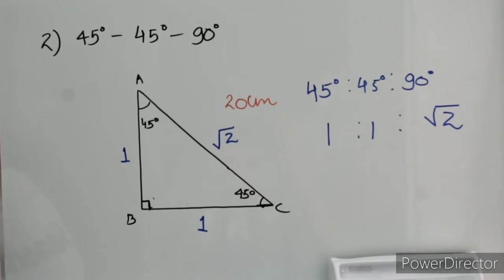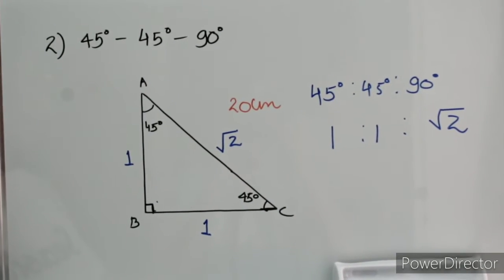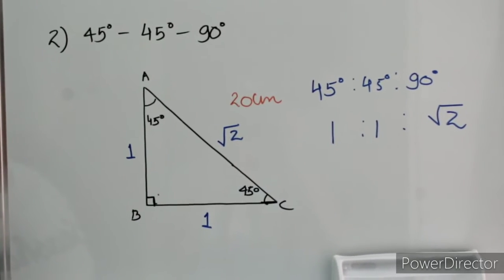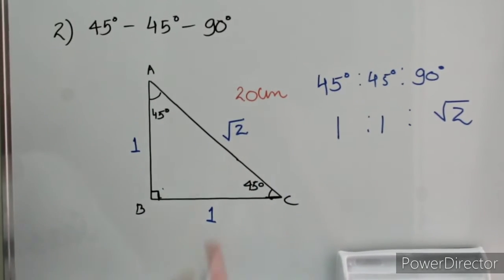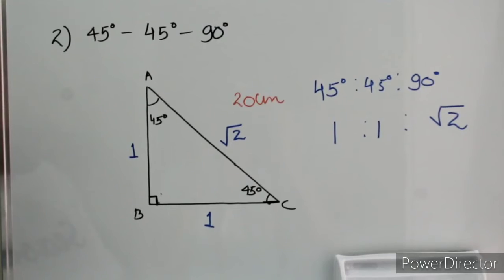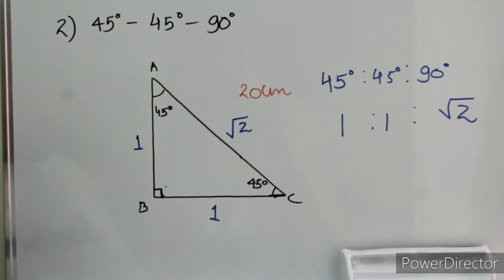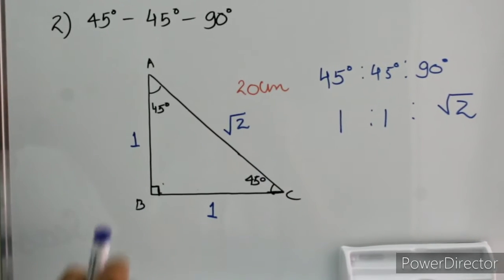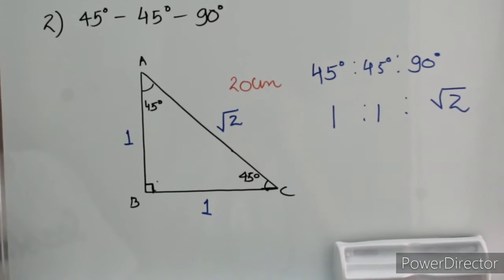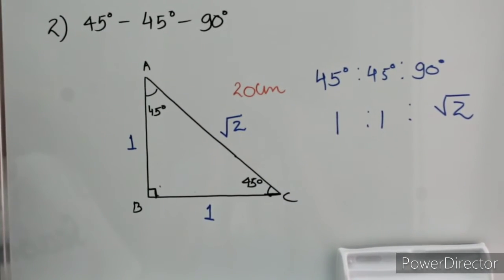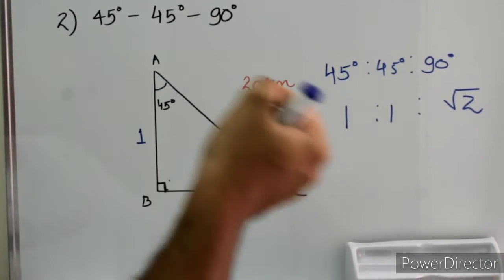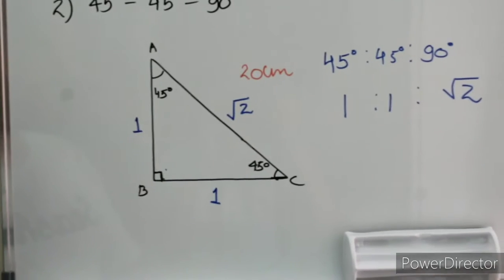Okay, you all have 1 minute, you can figure out how to do that. Now yes, 1 minute is over, guys. Now you can see how to do this. You know that if side BC is 1, then side AC is root 2 times of it. So from BC to AC you need to multiply by root 2 to get the AC value.